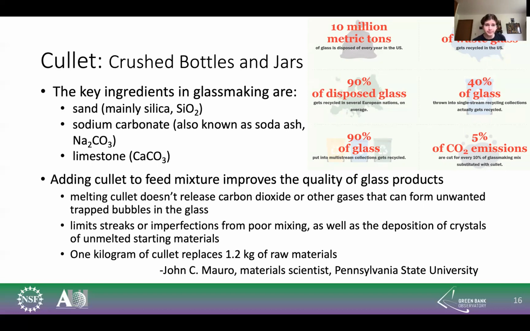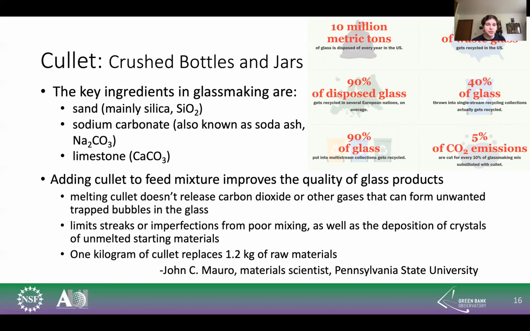Melting cullet, unlike raw ingredients, does not release carbon dioxide or other gases into the environment. So you actually have a 5% decrease in CO2 emissions for every 10% of cullet added into the glassmaking process. This also means that you aren't going to get as many bubbles trapped into the molten glass as you're making it.